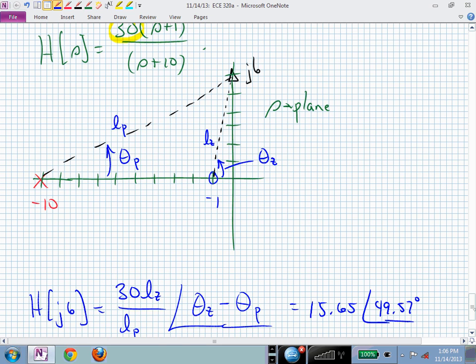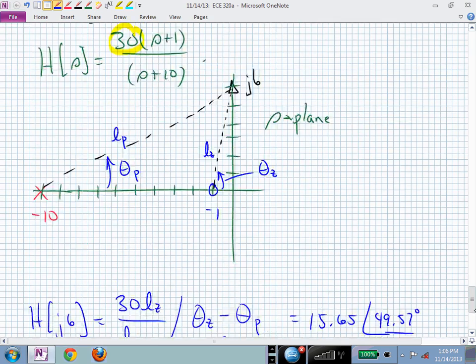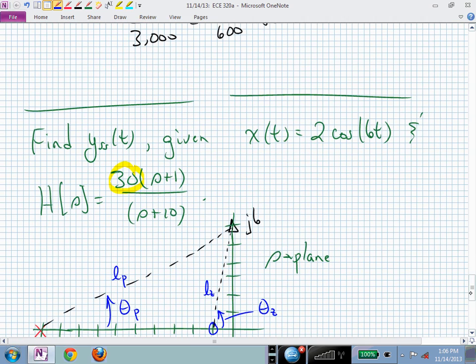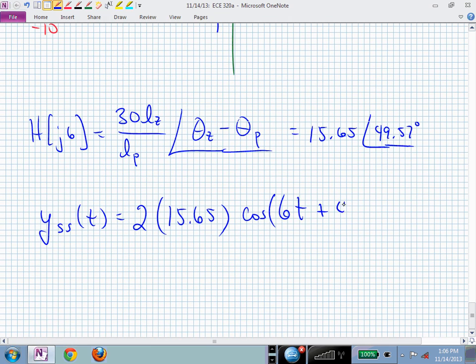And if you have that particular piece of information, you now know what the sinusoidal steady state output is. That's the magnitude of your input that you started with, 2, scaled by 15.65. Cosine, it's going to be shaking at exactly the same frequency that we put as an input frequency of 6, and then we simply adjust its phase by the phase of our system.